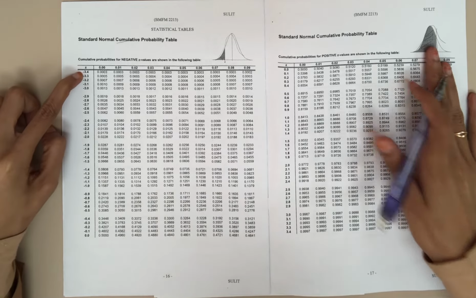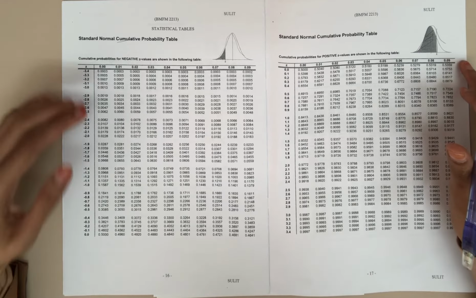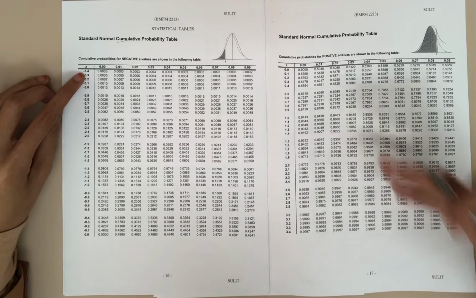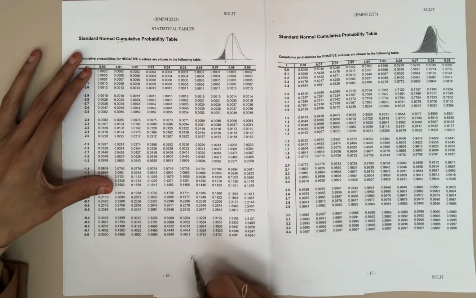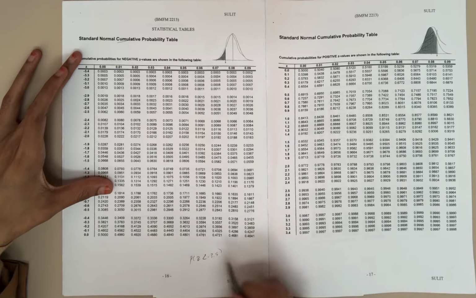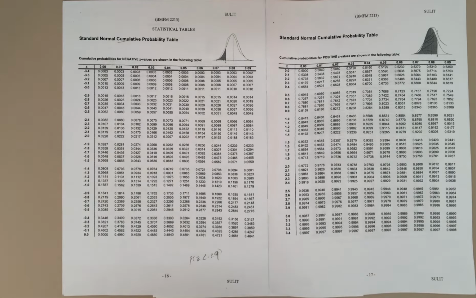If you get a question that asks you to find the probability less than 3.5, for example, or 3.9, the table seems not enough. It's okay, I just give you the idea behind it.